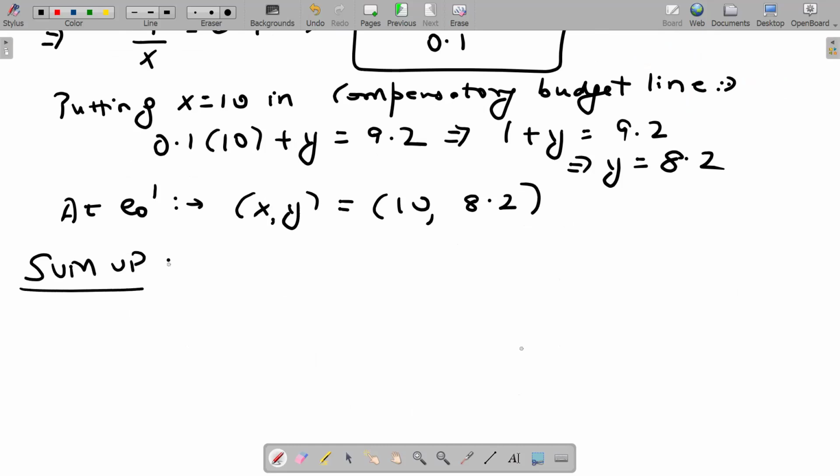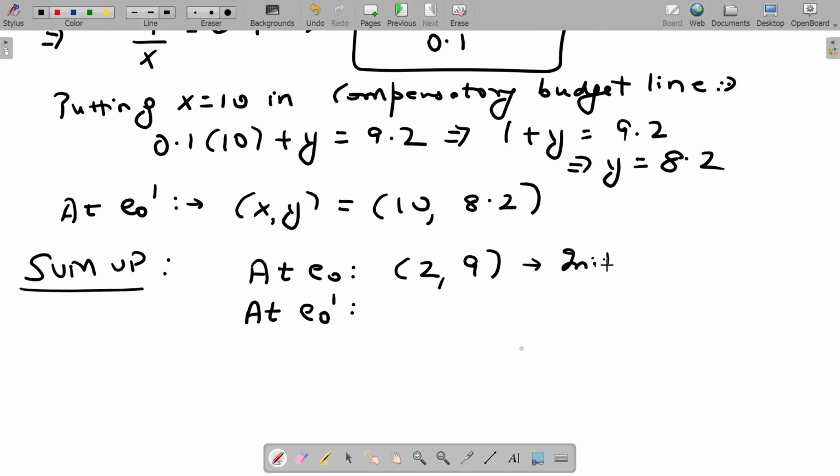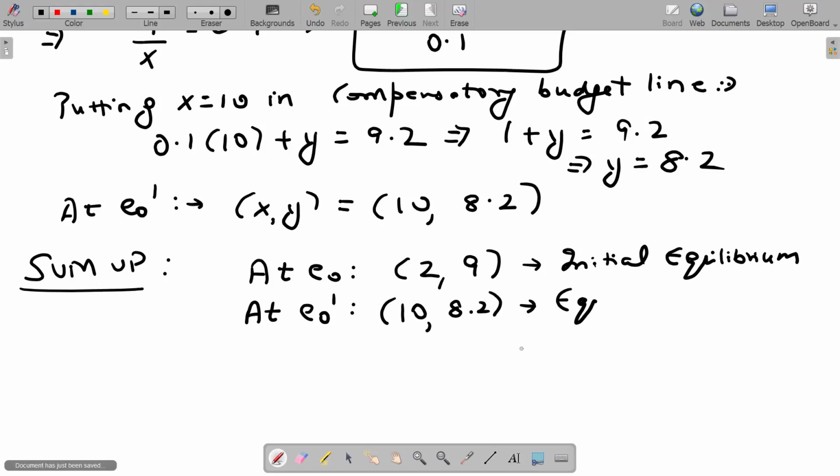So now I can sum up. We have calculated all the values. At the initial equilibrium E0, the values of x and y were 2, 9. At E0 dash, which is the equilibrium with substitution effect, the values are 10, 8.2.